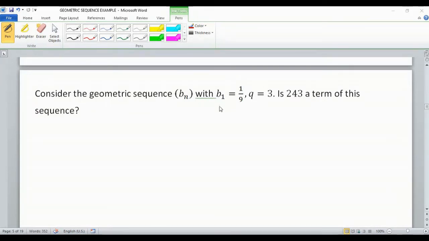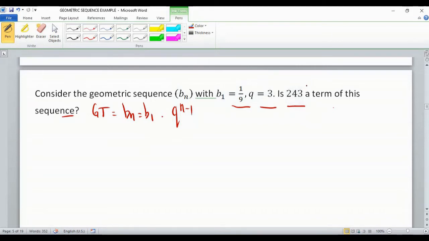Consider the geometric sequence Bn with the first term equal to 1 over 9 and the ratio 3. Is 243 a term of this sequence? We know that the general term of the geometric sequence is Bn equals the first term times k power n minus 1. We have everything here, so we just need to substitute.